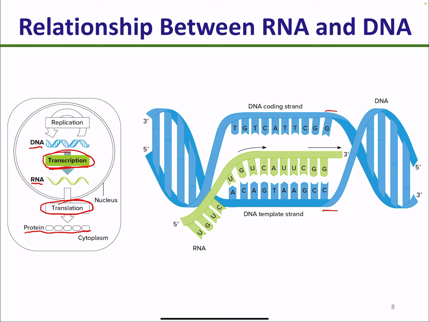And now we are going to ask which of the two strands is carrying the information for a protein to exist. So we have the DNA coding strand. That is the strand that carries the information for a protein to exist. However, the complementary strand is the one that is going to be used as template strand.